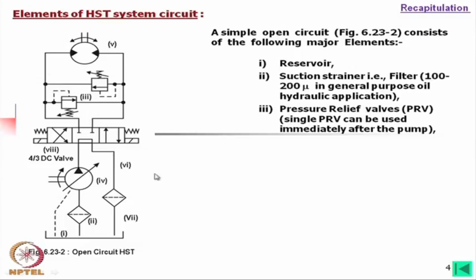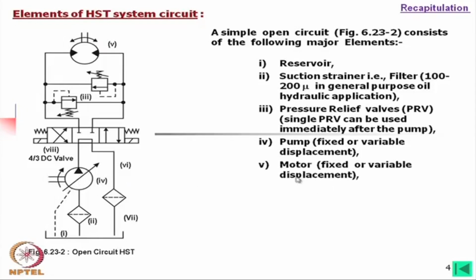In this case, system is like that. We have a pump source, there is a filter, and then it is going into a valve, which is the 7th item actually. Then pump fixed or variable, this one may be fixed or may be variable also, and then motor fixed or variable displacement.